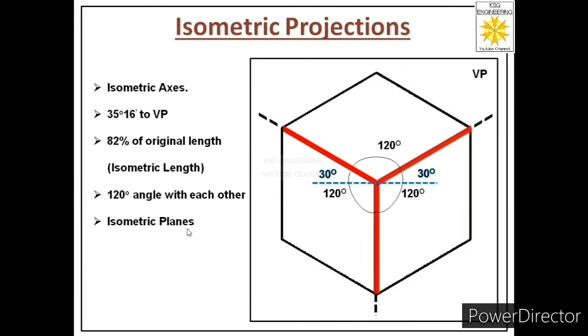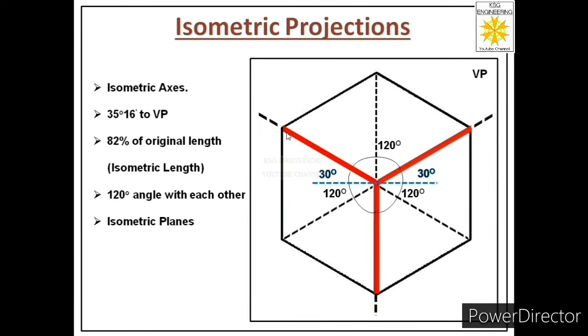Next we will learn about isometric planes. Now these three principal faces of the cube, which are perpendicular to each other and are equally inclined to the vertical plane, are called isometric planes. And apart from these three principal faces, if we have any other face in the object parallel to any of these three principal planes, then that will also be called an isometric plane.